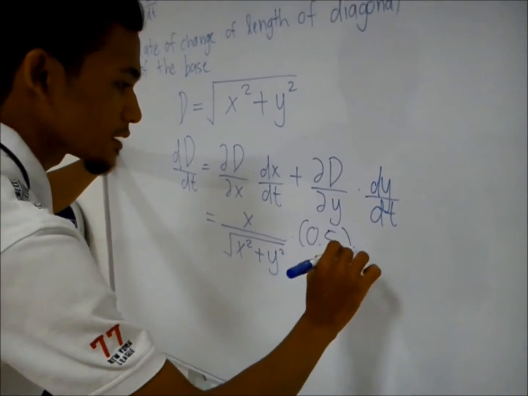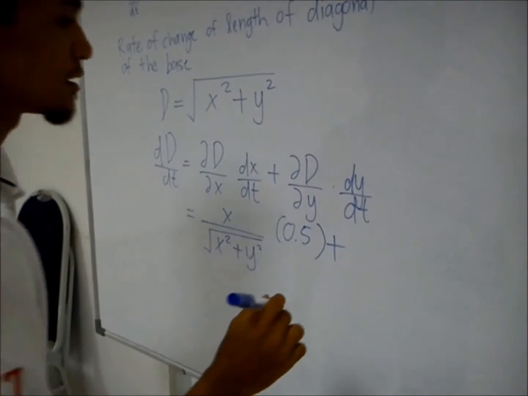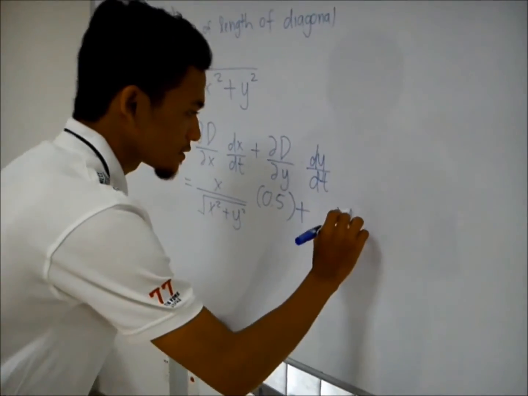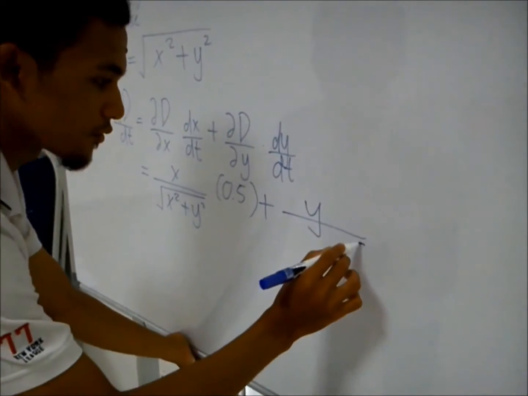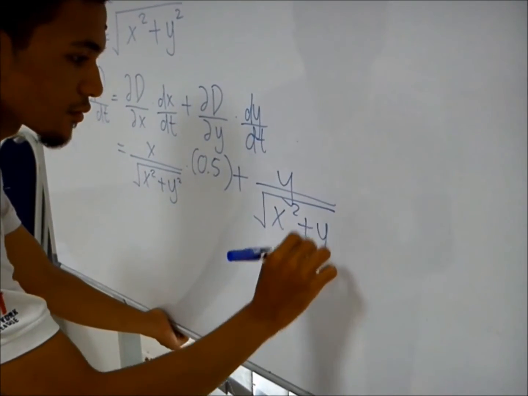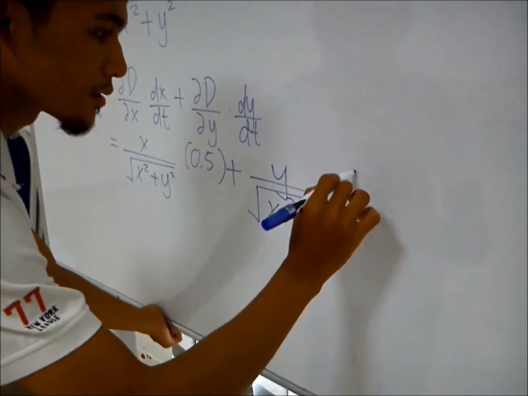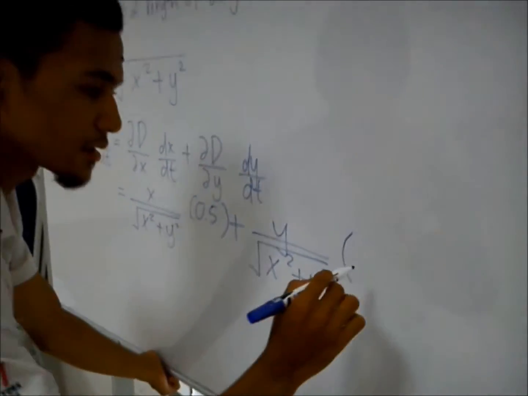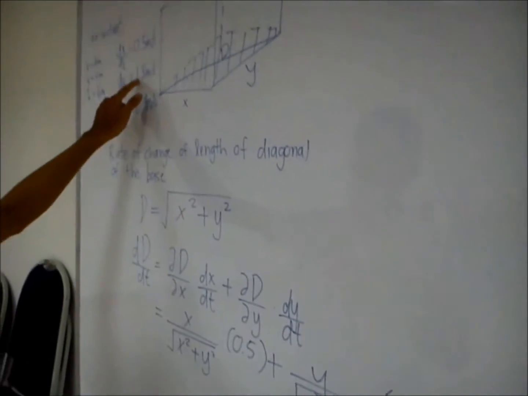We just need to plug in the values that have been given earlier. So this section is y over the square root of x square plus y square, multiplied with 1.8.